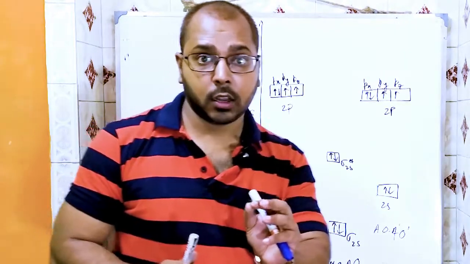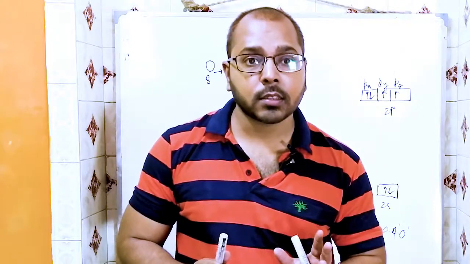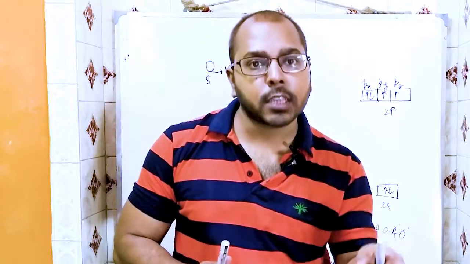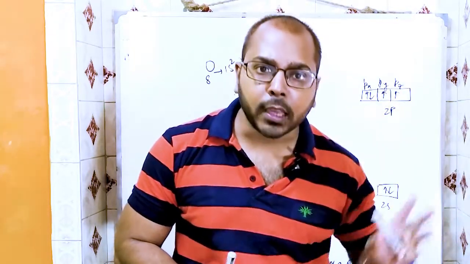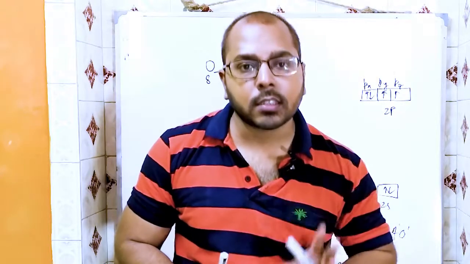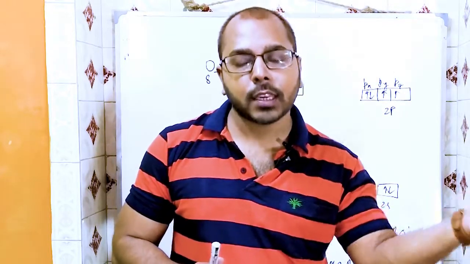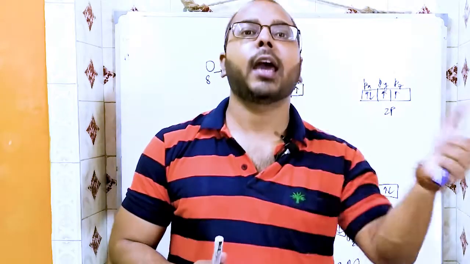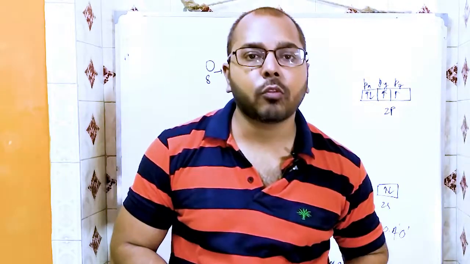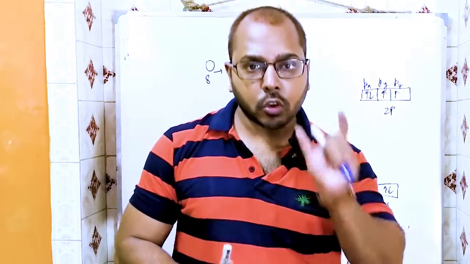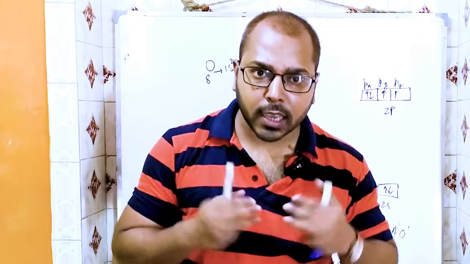If you consider the y-axis as the bonding axis, then py will form sigma, remaining two will form pi. If you consider the z-axis, then pz will form sigma, and the remaining two will form pi. So I am considering the x-axis as the bonding axis.